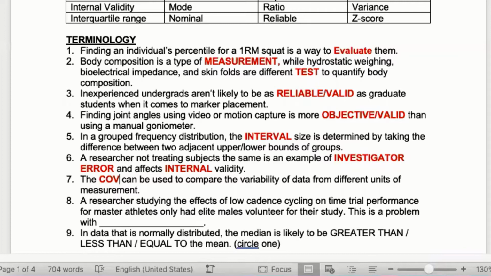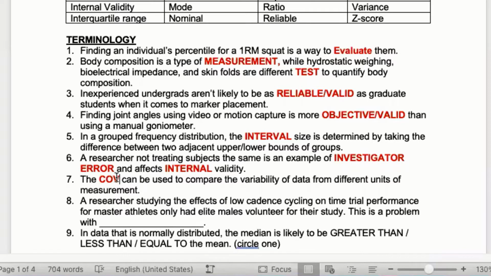Remember, standard scores are values that we can calculate to evaluate things that came from different samples or different populations, or units of measurement that are not the same. The coefficient of variation puts all of your variability measures into a percentage.